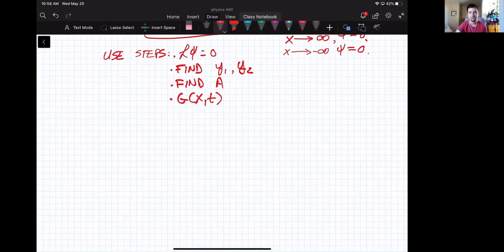How'd you guys do? Good. Combination of exponentials. Yes.